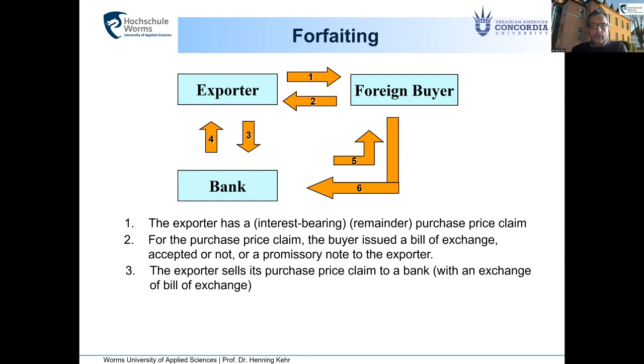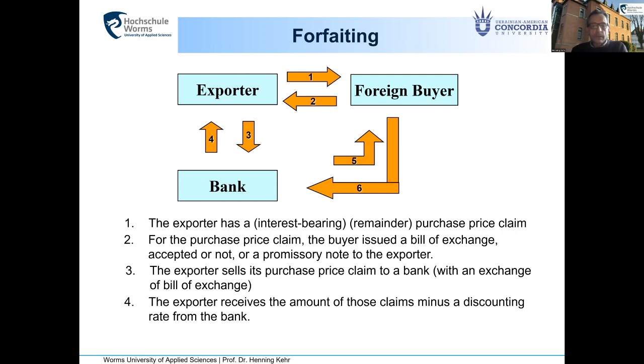So the bank gives the exporter, arrow 4, the whole amount, but minus a discount, minus the interest for the whole time. Then the exporter has the money for these exported goods, and the bank is the holder of receivables.